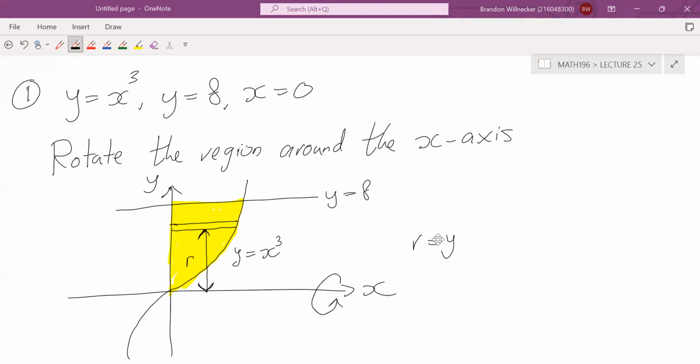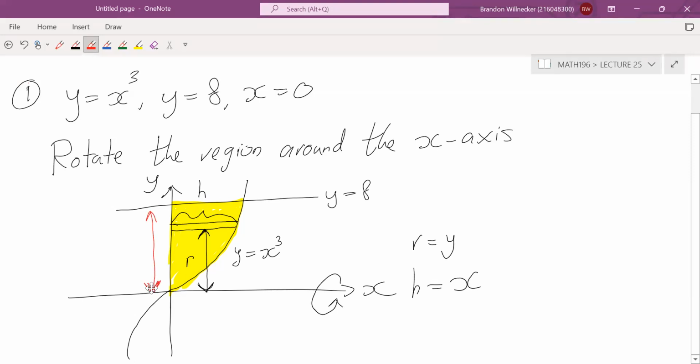Okay, what about the height? The height is going to be this horizontal distance. That's the height there. So in this case, the height is going to be equal to x. Okay, but we don't want to be working with x's and y's. We need to convert everything to y because we're working along this direction.